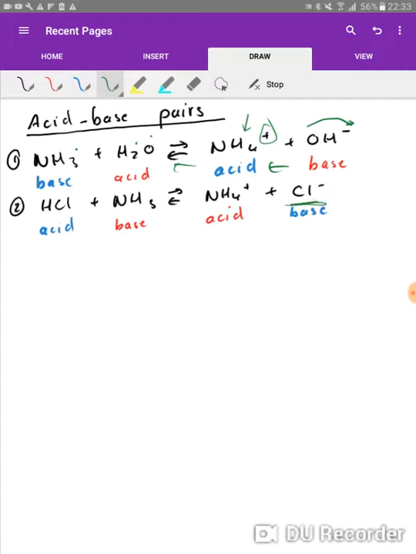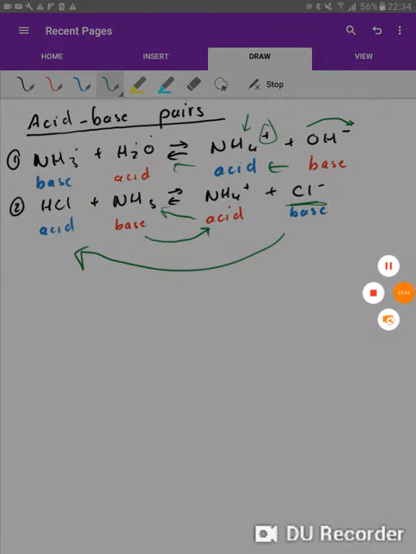Then we have Cl minus, and we expect it to gain a proton going this way, which it has. NH3 is a base, we know it wants to accept a proton, which it has. And then the ammonium ion, we know it wants to lose a proton, which it has going this way. Cool. I'll get back to you guys with the calculation.